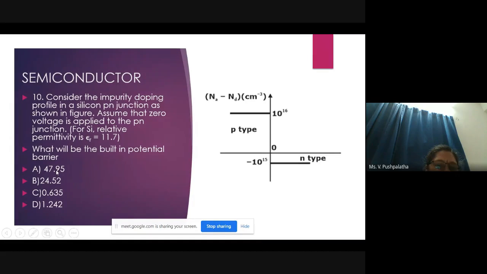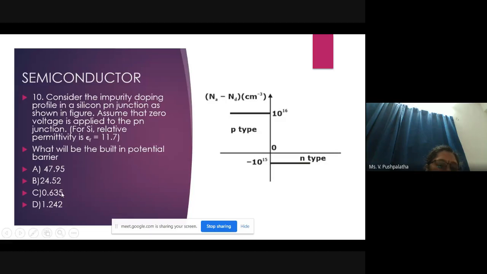That much potential will not exist during forward bias. The PN junction is shown with zero voltage applied, which means forward bias, so 47.95 will not exist. Similarly, 24.52 will not exist. 0.635 and 1.242: now it is silicon, so obviously it should be 0.635 or 1.242.